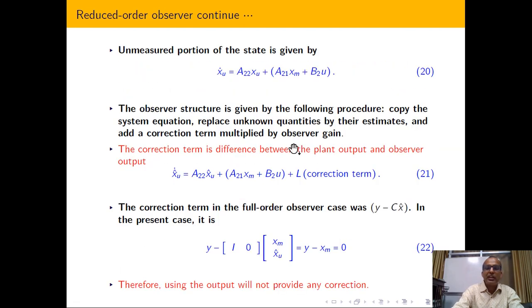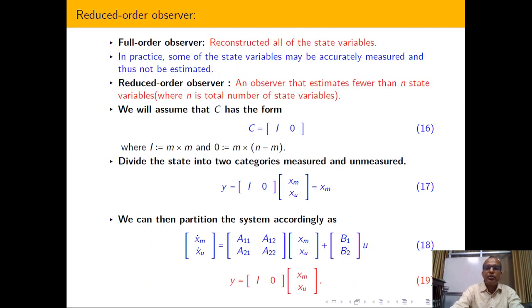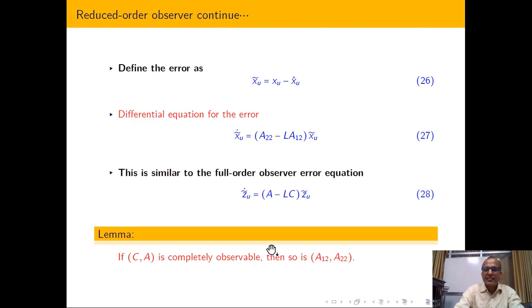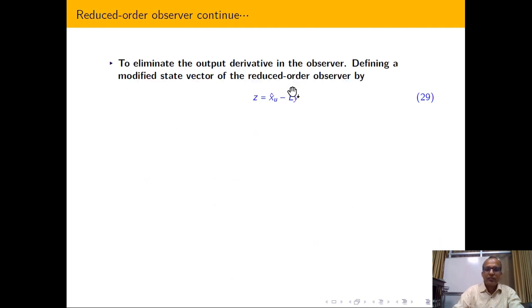These two terms come into the picture due to some kind of transformation of the original matrix, and it is possible to show that this pair A22 and A12 is also observable. Due to that reason, I can state that I can design L such that the unmeasured state error dynamics tends towards 0, then xu equals x hat.